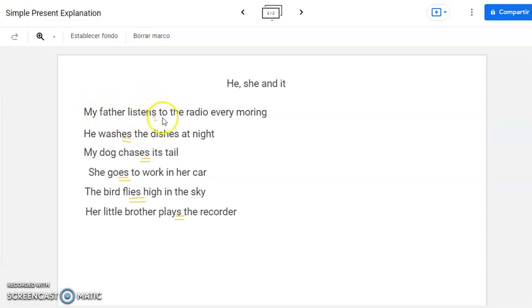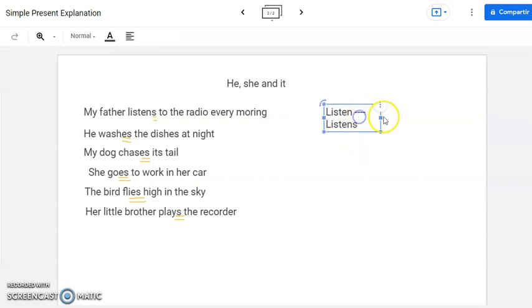My father listens to the radio every morning. The verb here is listen. In the infinitive form you write it like that. But as my father is he, when we talk about my father, we are talking about he. So we have to conjugate the verb, and it becomes listens.